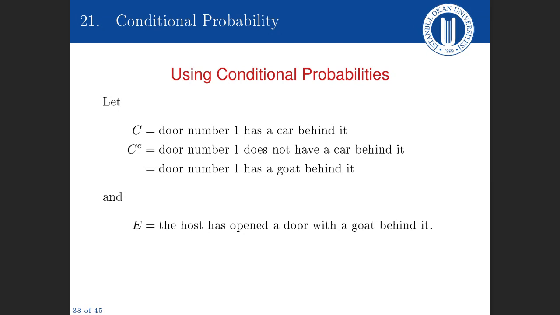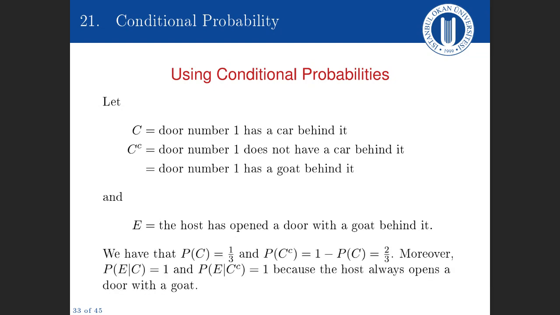And E is going to be the event that the host opens a door with a goat behind it. What are the probabilities of these events? Well, the probability that the car is behind door number 1 is 1/3. So the probability there's a goat behind door number 1 must be 2/3.